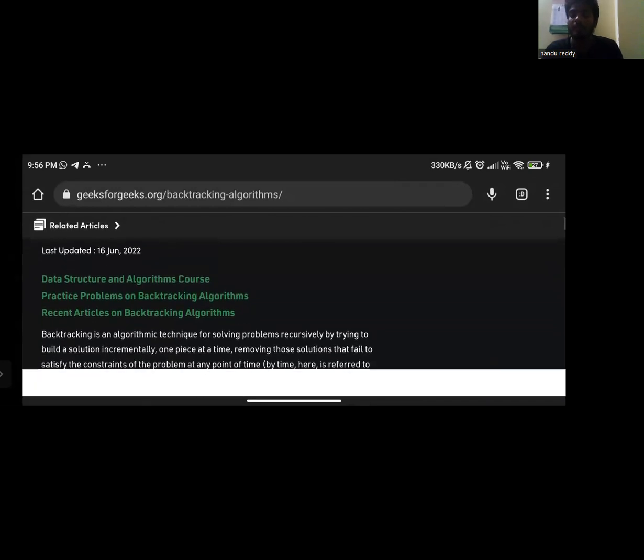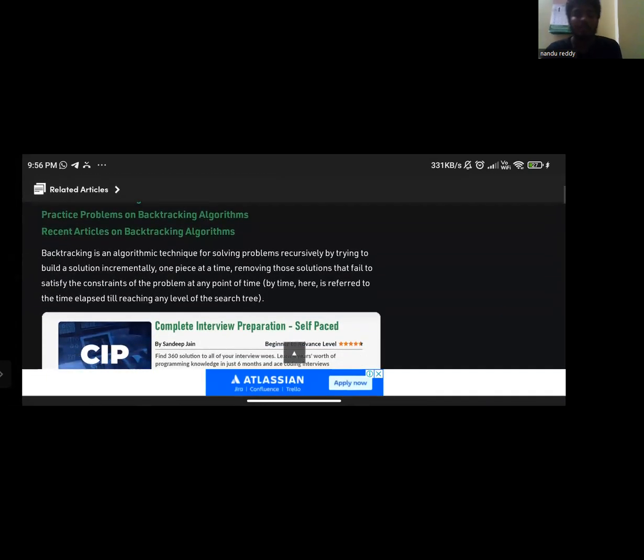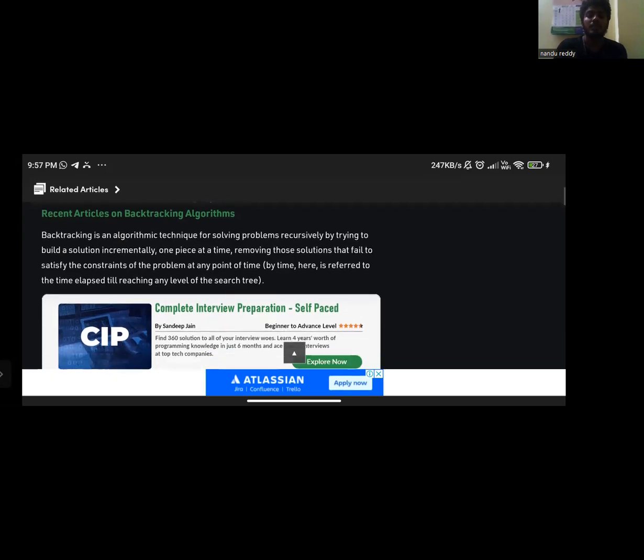Backtracking is an algorithm technique for solving problems recursively by trying to build a solution incrementally, one piece at a time, removing those solutions that fail to satisfy the constraints of the problem at any point of time. Here, time refers to the time left till reaching any level of the search tree.